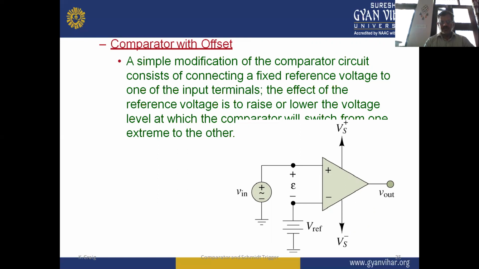The input supply voltage is given to the non-inverting terminal and a reference voltage is applied to the inverting terminal of this circuit diagram. So the effect of the reference voltage is to raise or lower the voltage level at which the comparator will switch from one extreme to the other.